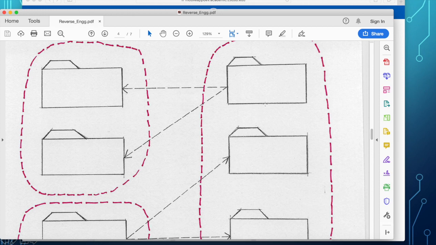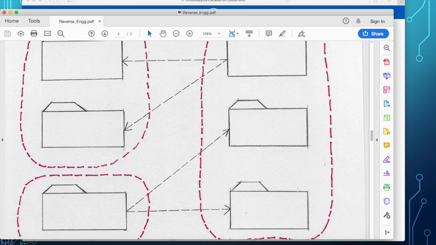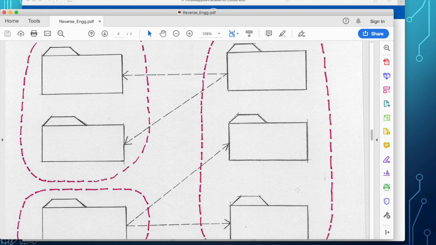Another one is right here. These three packages could be grouped into three, and probably the reason you group these three packages is because you recognize this is an architectural style called three tier.